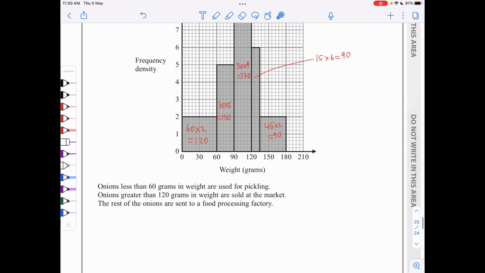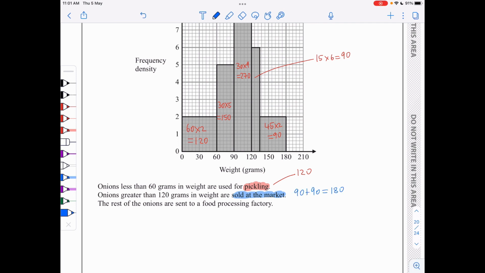And we're essentially looking at three classes, three categories. Those used for pickling are those that weigh less than 60 grams, so it's those 120. Those that are greater than 120 are sold at the market. So greater than 120, it's this part here and this part here, so 90 plus 90, which is 180.